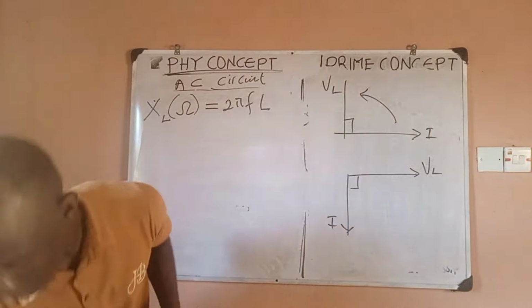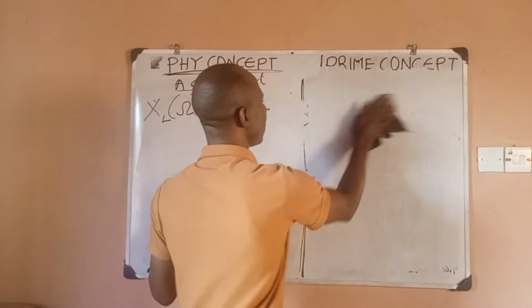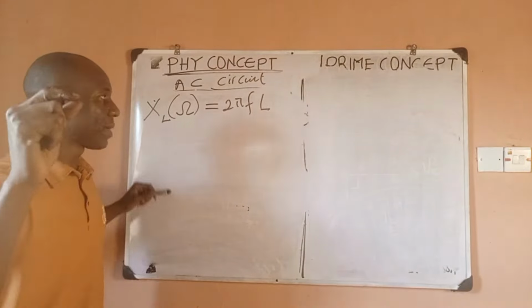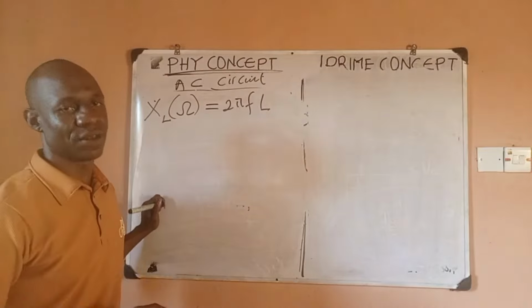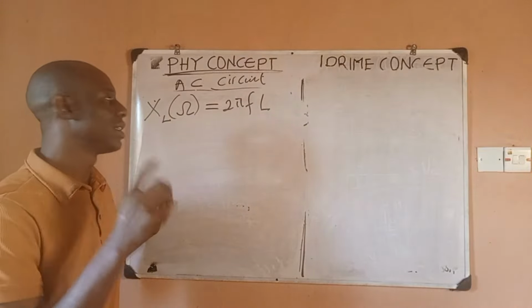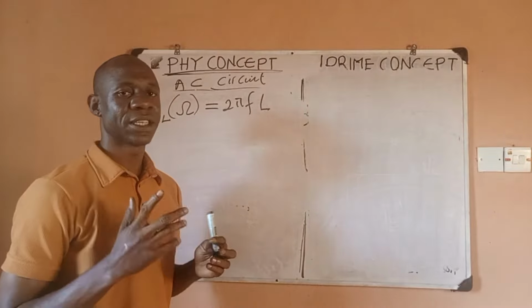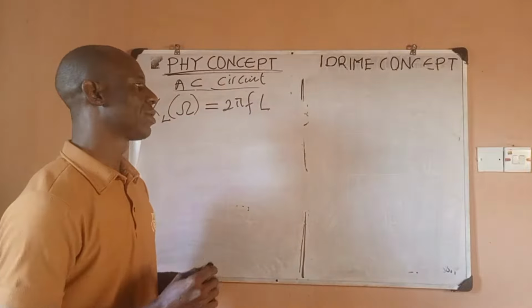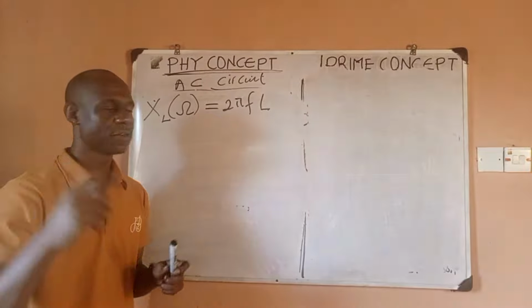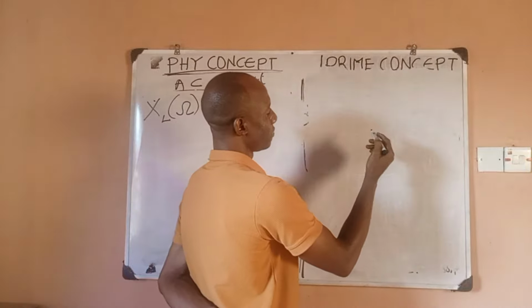Then the purely capacitive circuit. What is a purely capacitive circuit? A purely capacitive circuit is a circuit that contains only a capacitor. For a purely capacitive circuit, the current leads voltage by a phase angle of 90 degrees. And what is the phasor or vector diagram?